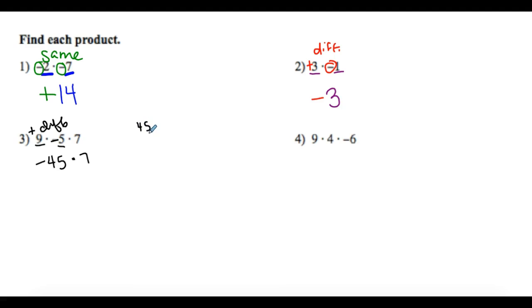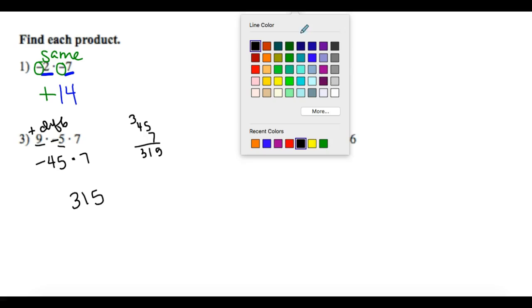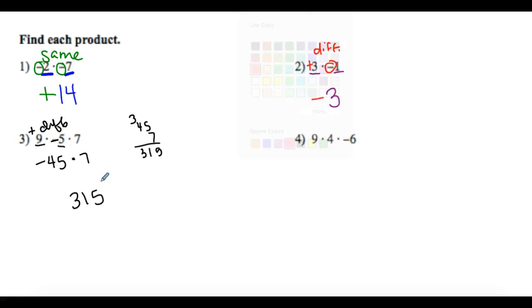So 45 times 7: 5 times 7 is 35, carry my 3. 4 times 7 is 28, plus 3 is 31. So I get 315. When I take into consideration the positives or negatives, I have a negative times a positive. Those are different, and because those are different, that's going to be a negative.